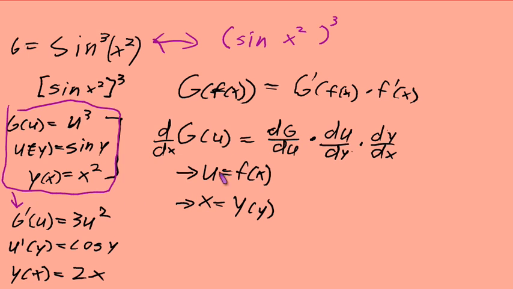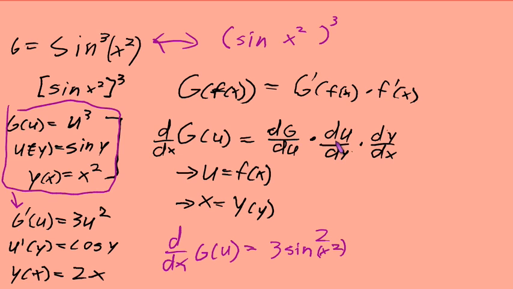Now that I have my different derivatives, I can put them into my chain rule formula here. So the d by dx of g of u equals dg du, which is 3u squared, but now I'm going to substitute my u, which is sine of y, and of course substituting my y, which is x squared, so sine squared of x squared.